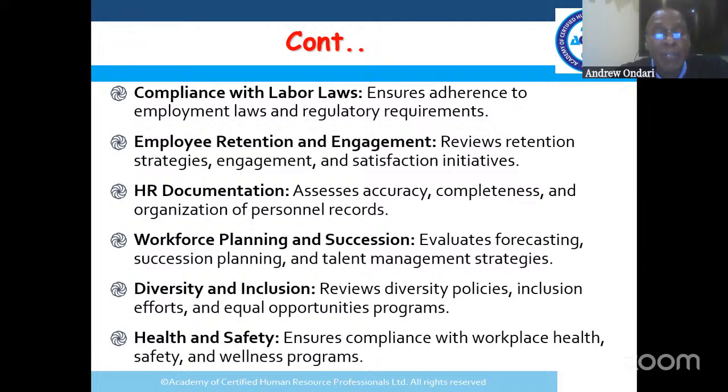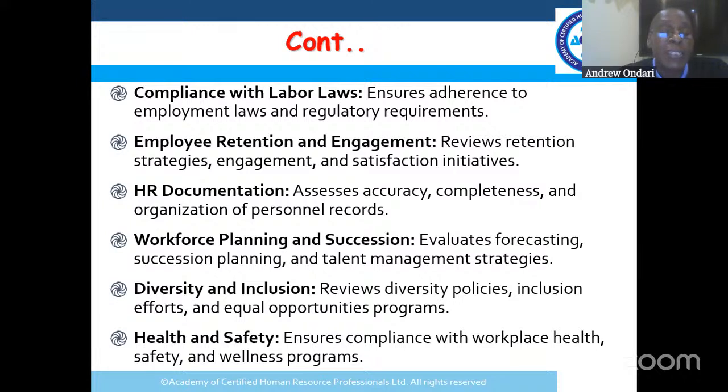The HR planning function also involves succession planning, that those people that we retain in our organizations can be prepared to take over senior positions in future. So in succession planning, we prepare people at lower levels to occupy senior positions. And that is an aspect of HR planning.